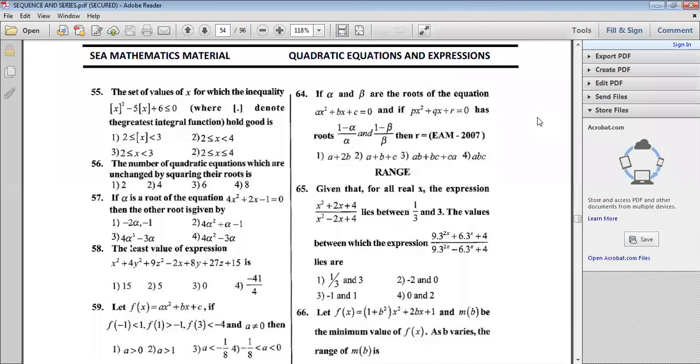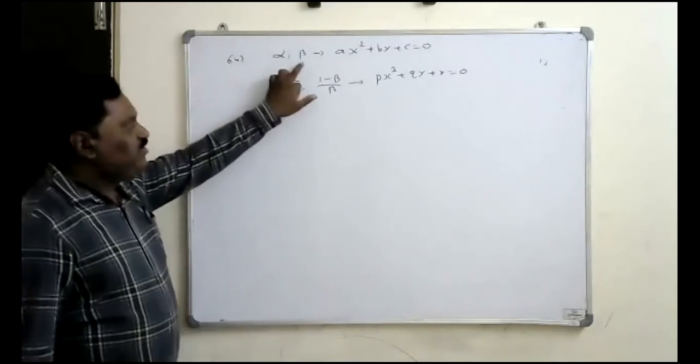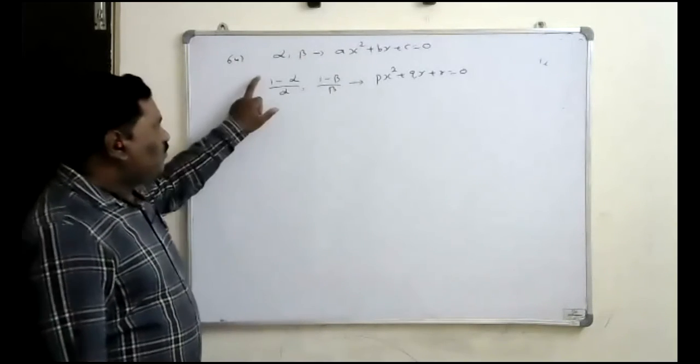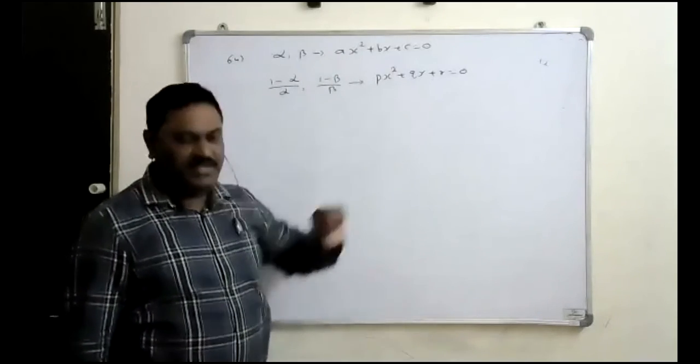Alpha, beta are the roots of the equation ax square plus bx plus c is equal to 0. 1 minus alpha by alpha, 1 minus beta by beta are the roots of the equation px square plus qx plus r is equal to 0. Then what is the value of r? Alpha, beta are the roots of this equation. 1 minus alpha by alpha, 1 minus beta by beta are the roots of this equation. Then what is the value of r?